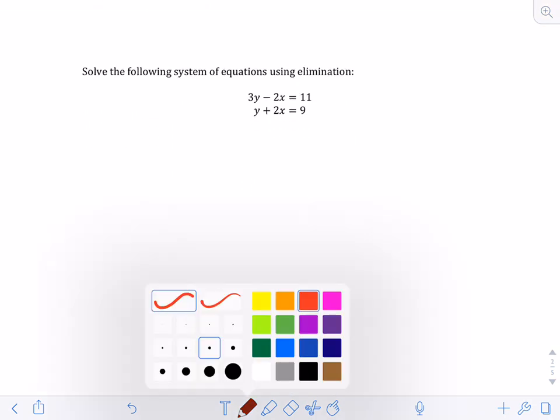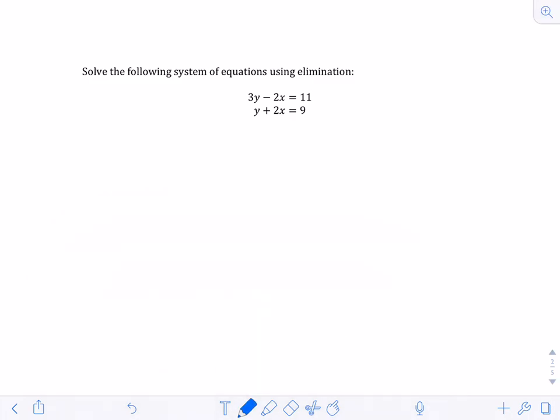Our next example, we want to find a solution using elimination. Now when we eliminate, we want to be able to add the equations together and eliminate one of the variables. That's why we call it elimination.